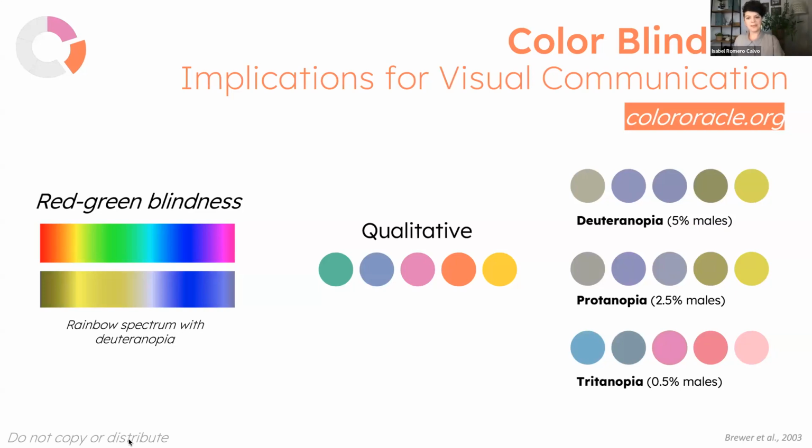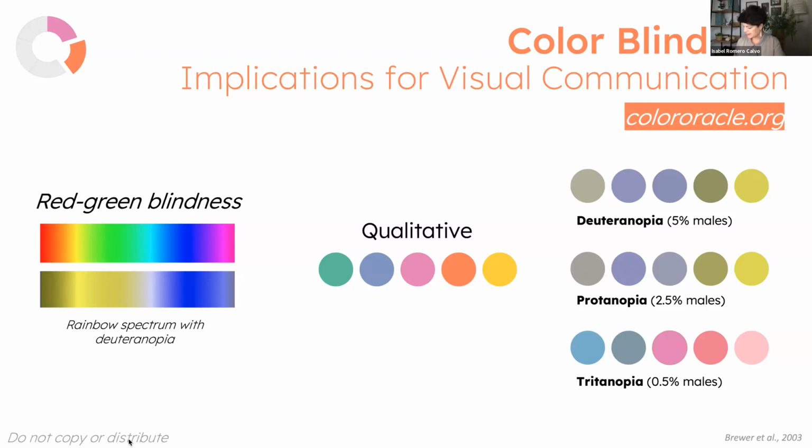The type of color blindness that is most dominant is deuteranopia. It affects around 5% of the male population, but there is a total of almost 10% of the male population affected by this, with other types of color blindness like protanopia or tritanopia.